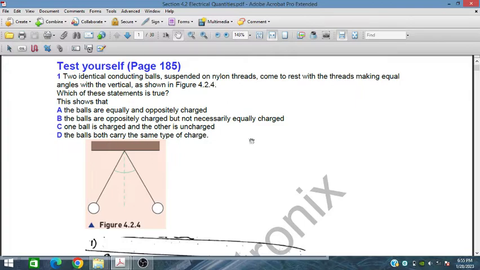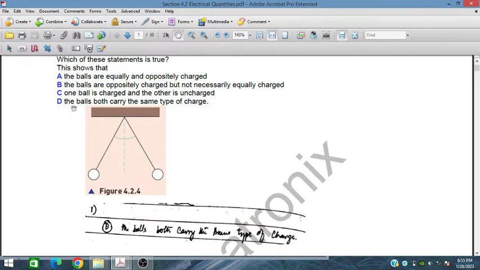The balls both carry the same type of charge, so they always repel each other and make a distance. If they had opposite charges, they would attract each other and come very close together at this point.